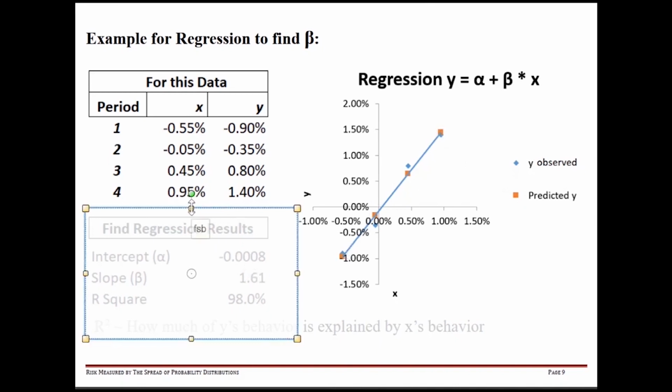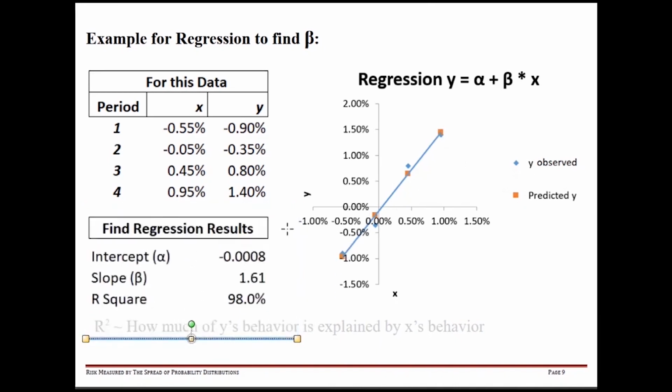And what are the characteristics of the line? They come from the regression. The intercept down here is a little bit negative, the slope is 1.6, and the R squared is 98. That means that 98% of the performance of y can be predicted by what's going on with x. So that's a really good regression.